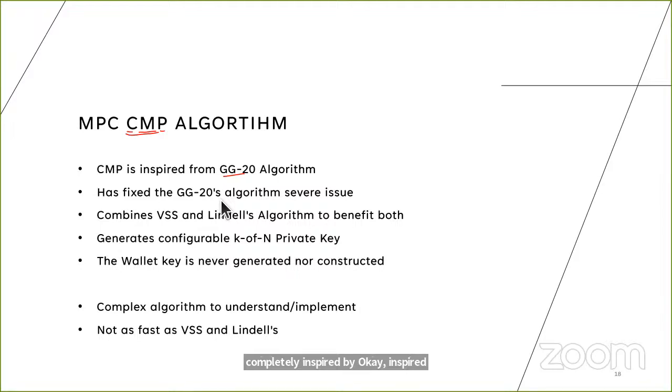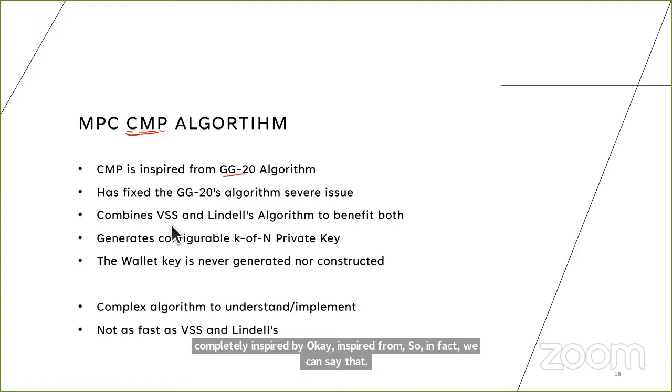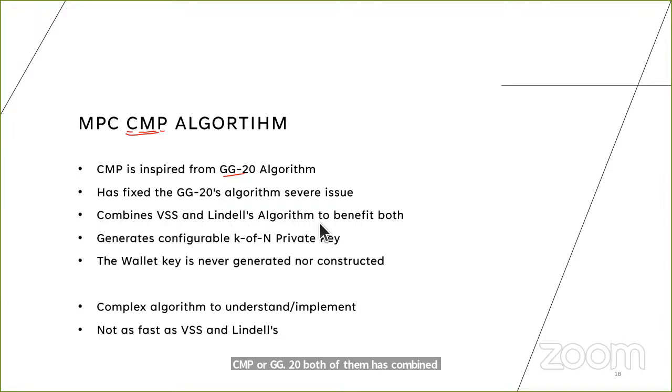So in fact, we can say that CMP or GG20, both of them, have combined VSS and Lindell's algorithm to benefit from both, and they are able to generate a configurable k-of-n private key.